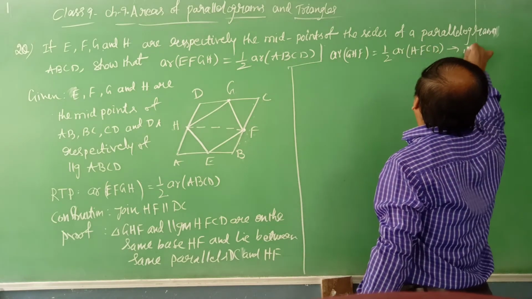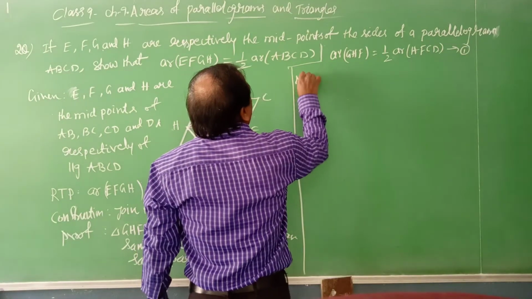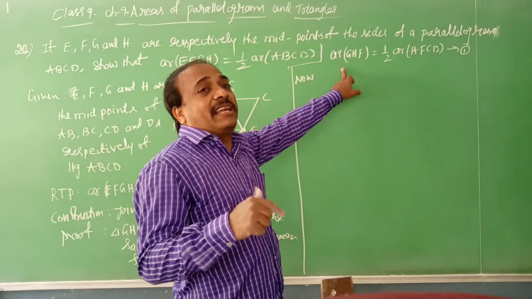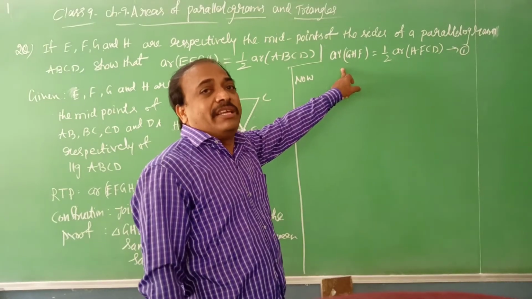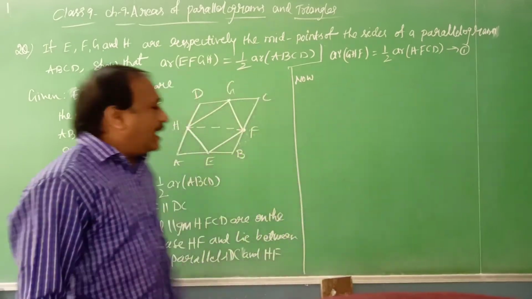Let this be equation 1. The reason: a triangle and a parallelogram lie on the same base and between the same parallels, so the area of the triangle is half of the area of the parallelogram.